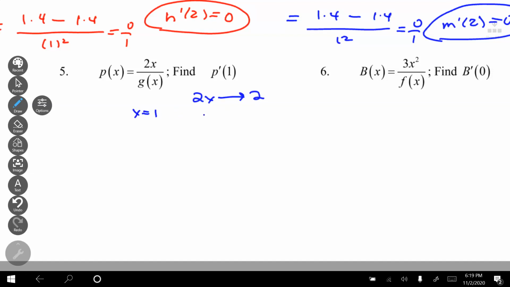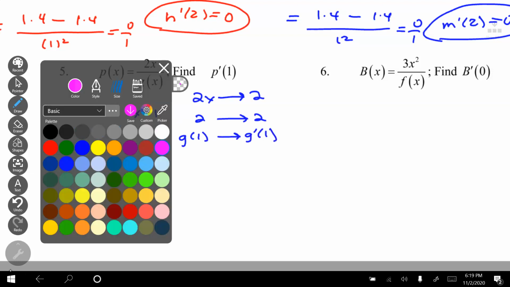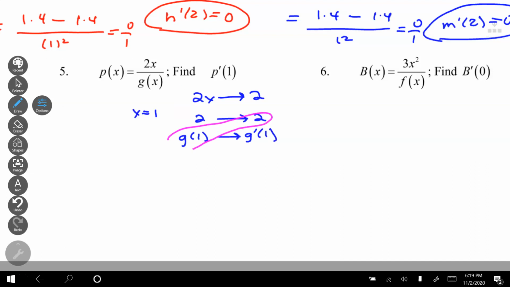So I get 2 when I plug in x, and the derivative is just 2. Now I'm going to do g of 1, g prime of 1. I'll do my crisscross. 2 g of 1 minus 2 times g prime of 1 over g of 1 squared.